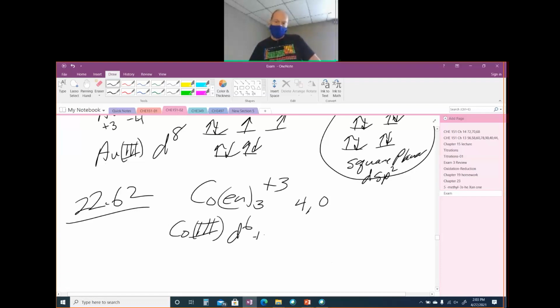All right, and so that is a plus 12. We have an 18 electron complex. Your coordination number is equal to 6 because each en has 2 coordination sites, so it is coordinated off of each end. So 1 ethylene diamine is 2 coordinations. So it is octahedral.